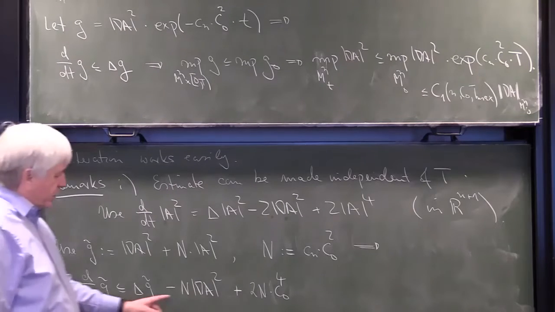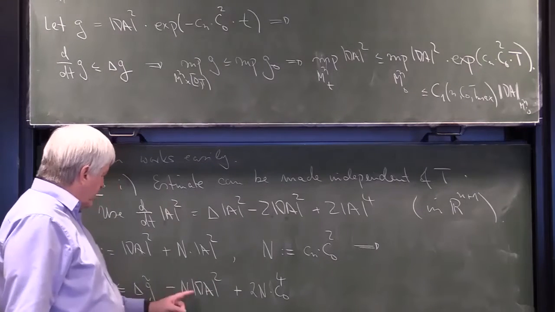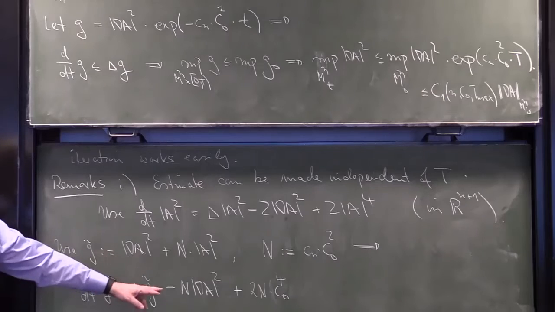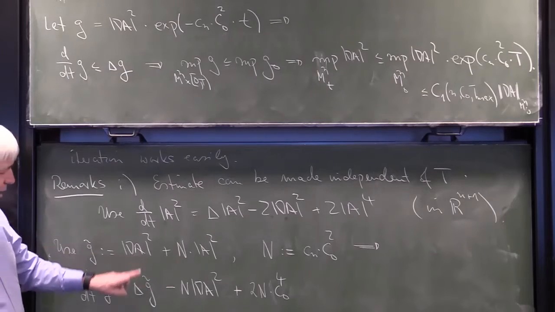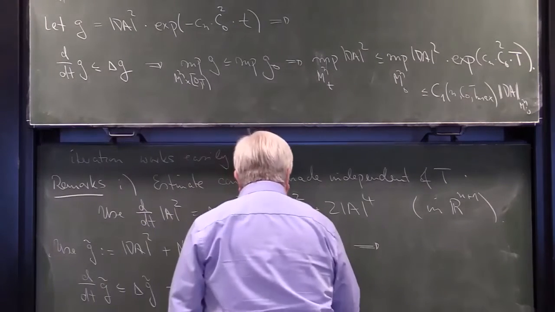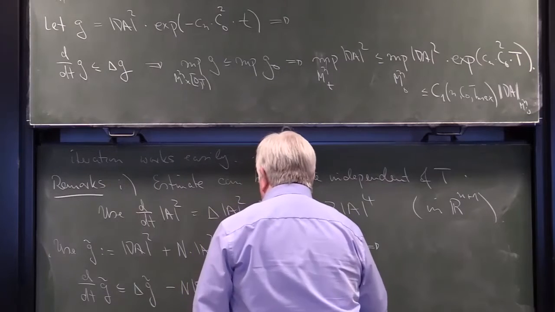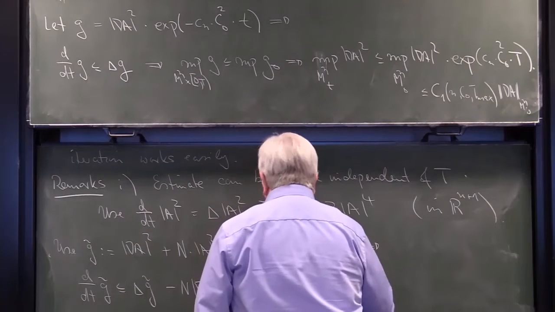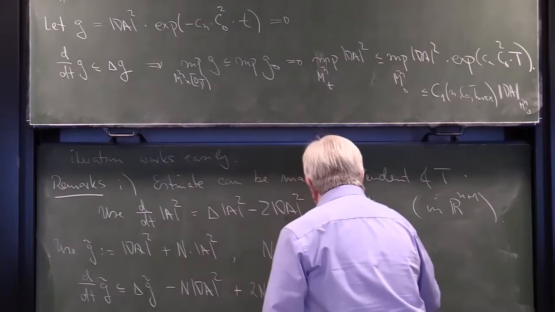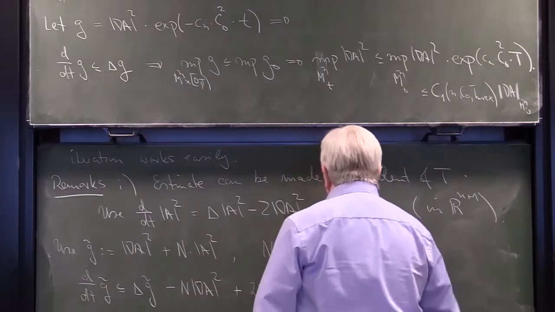So this tells you, because you now have this term with G tilde on the left-hand side, you can write this as Laplacian of G tilde minus n times G tilde.